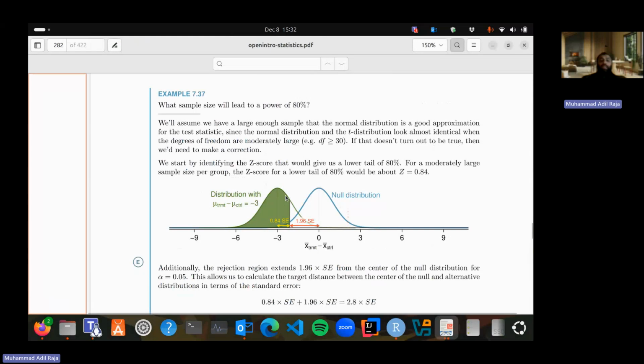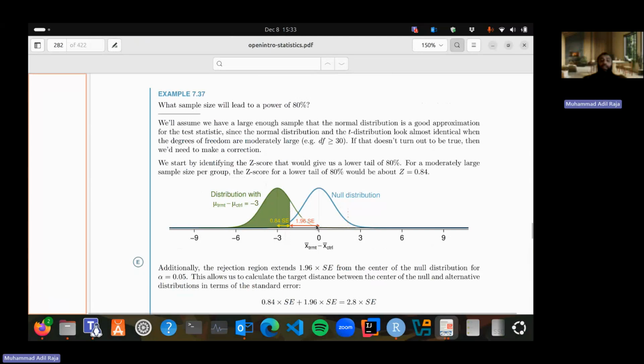Now the question is, what are these two arrows? So we have to understand this first of all.